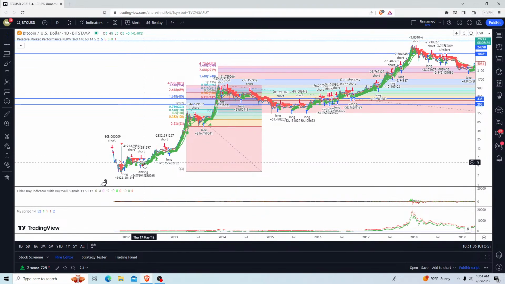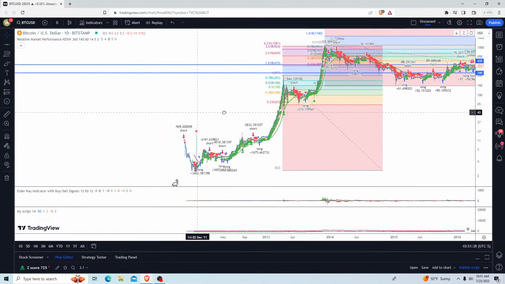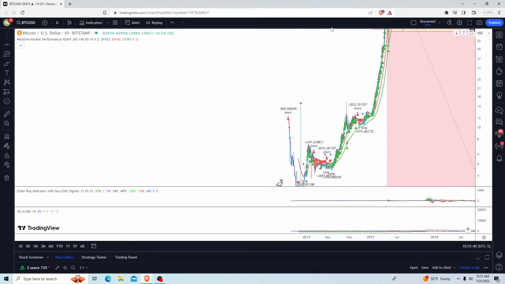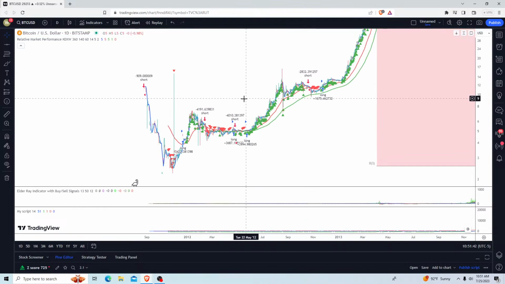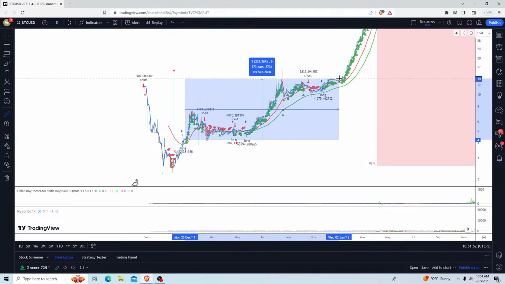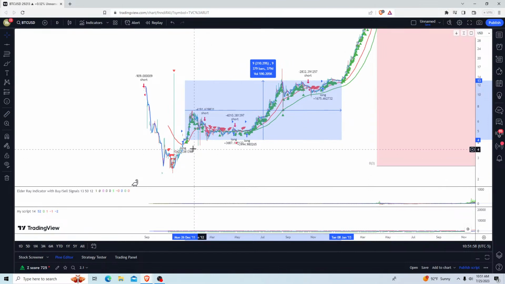Yeah, see, what was this one like? See, this one is also interesting to understand because it's more about the timing, not the percentage. Right? It was at this terrible bottom right here. And it took this many days, 379 days.